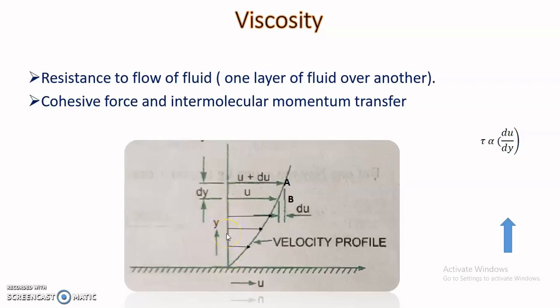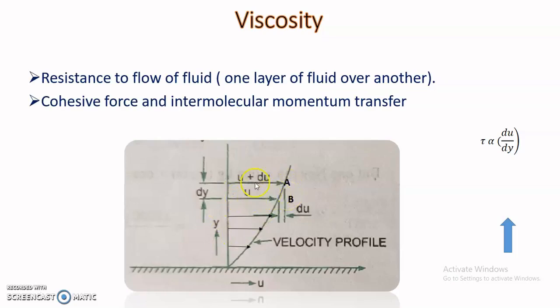Since the two layers are moving at different velocities, u plus du for A, which has more velocity than u of the B layer, there is a relative motion between these two layers A and B.